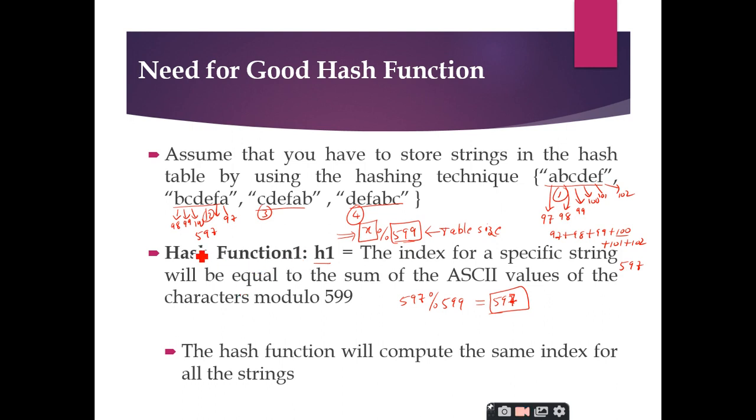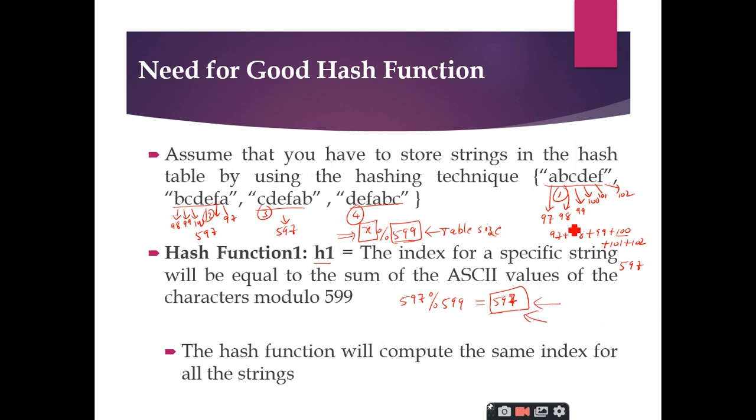Yes, sir. So if I apply this hash function, 597 modulo 599, the result is again 597. And if you take the next string and calculate its equivalent integer, it also totals to 597. If I apply the hash function 597 modulo 599, again the result will be 597.